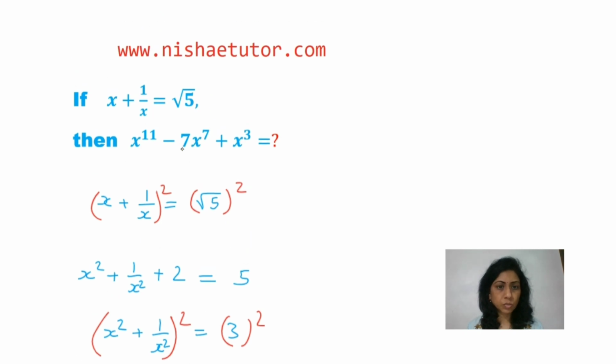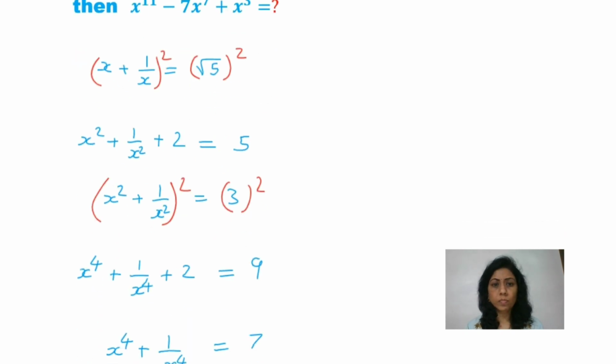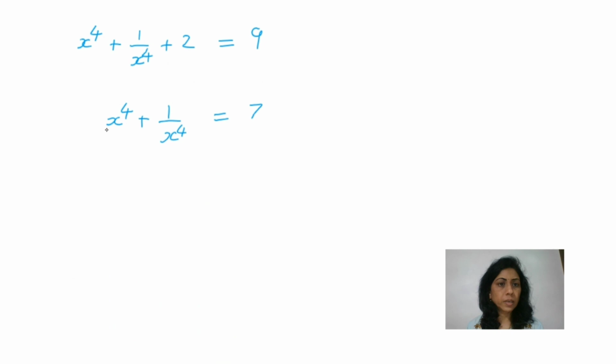Like this one. So we can multiply x to the power 4 in the whole equation. So x to the power 4 plus 4 is 8. This is 1 and this is 7, x to the power 4. Okay.